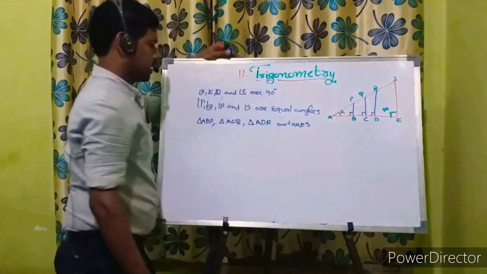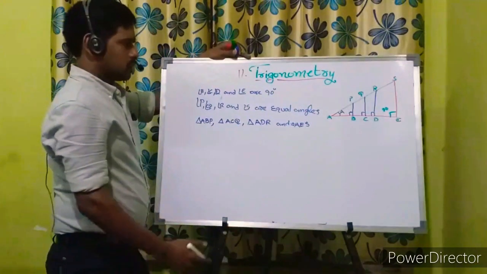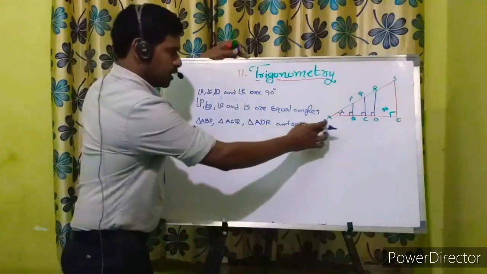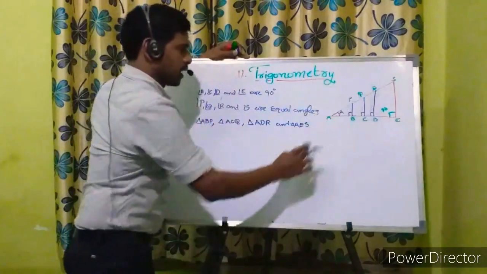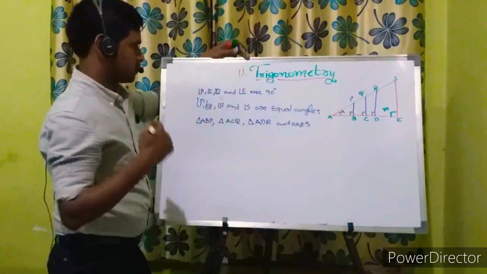These are all right angle triangles. They have equal angles, so all are similar right angle triangles.